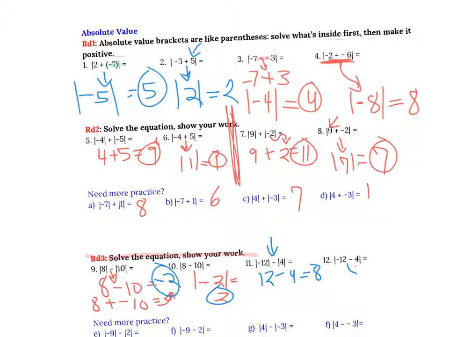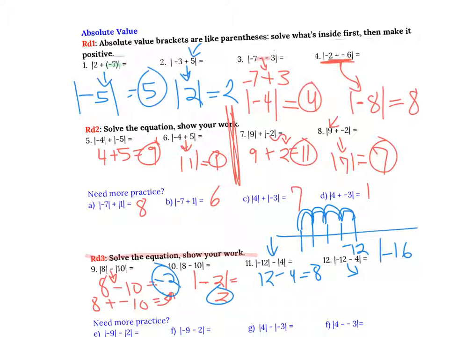Now, when I do number 12, I have to solve what's inside my absolute value brackets first. So negative 12, subtract 4. If you think about it on the number line, negative 12 would be like right here. If you subtract 4, you're going to go 4 spaces to the left. 1, 2, 3, 4. So that's going to be negative 13, negative 14, negative 15, negative 16.